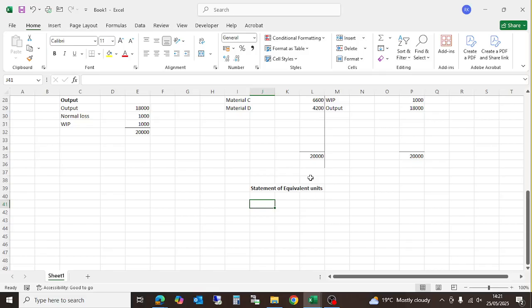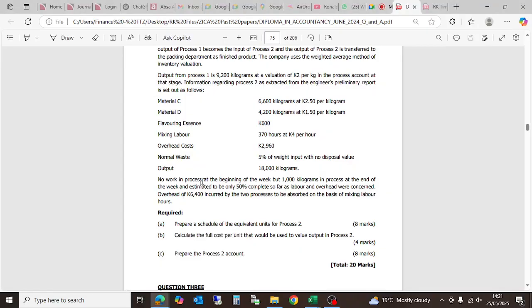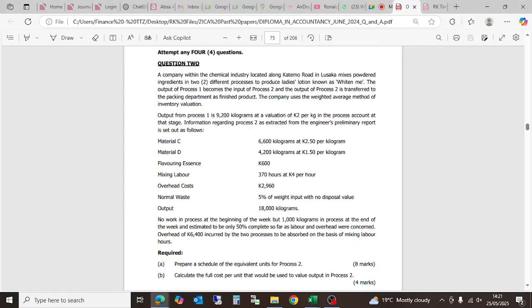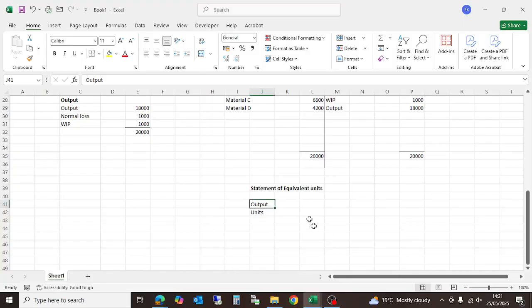Okay. So now let's do the statement of equivalent units. We'll get the output in units. Then we'll list everything as per the question. So in here, we have things like materials, we have labor, and we have overheads as well. So we apportion everything as per that.